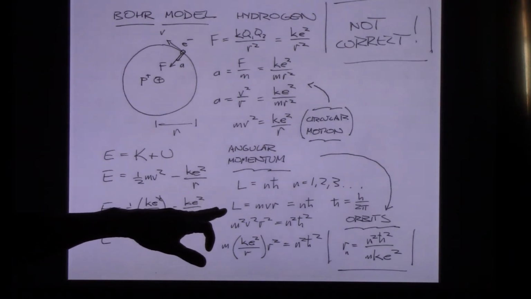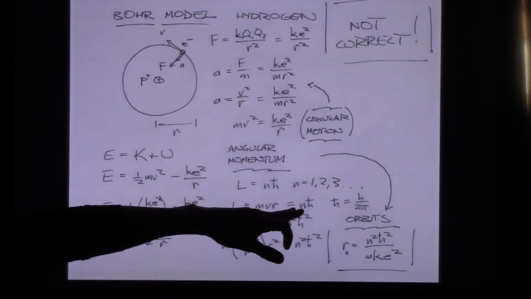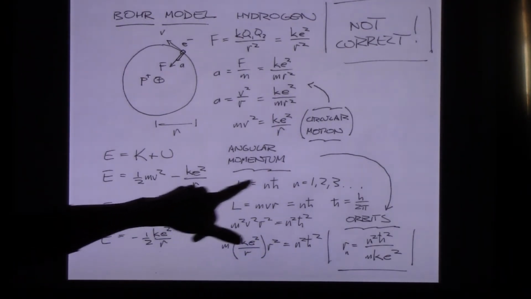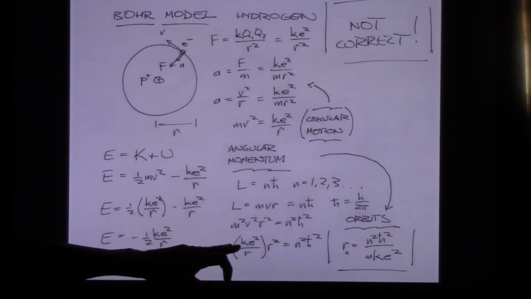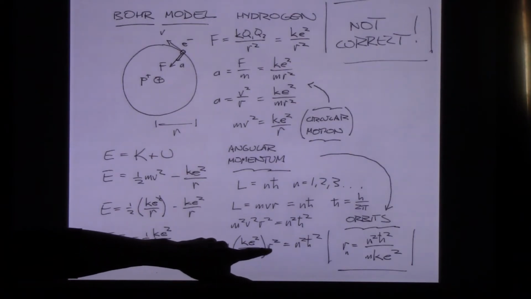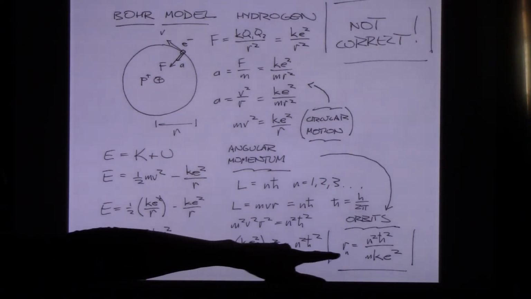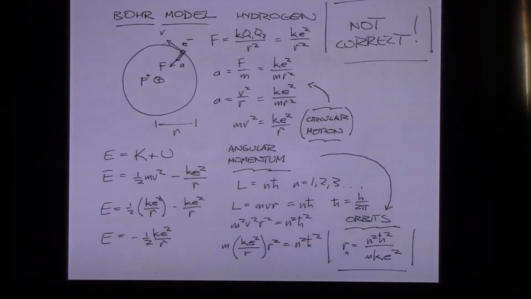Taking this angular momentum, quantizing it, and then squaring it enables us to write an expression for how r is quantized, and we end up with this quantization right here. It says that only certain radius orbits are possible.